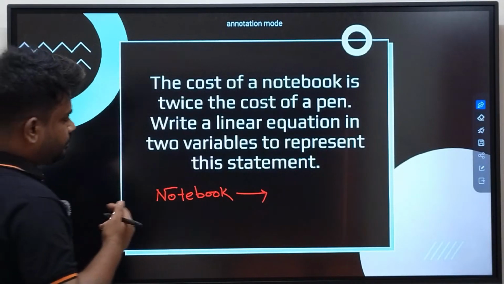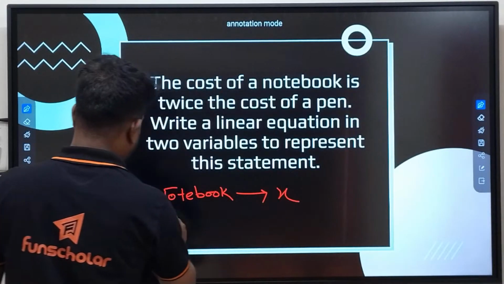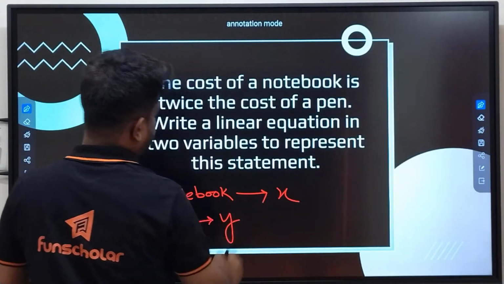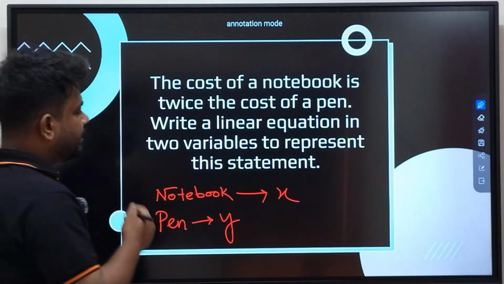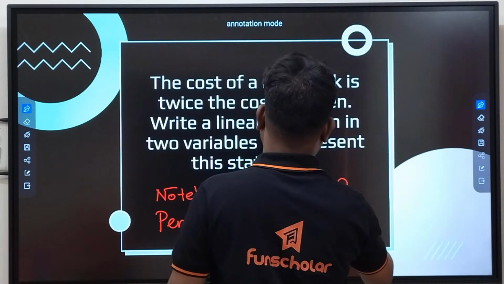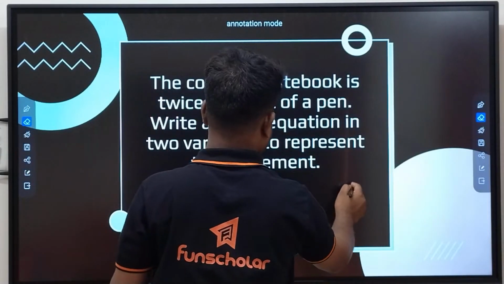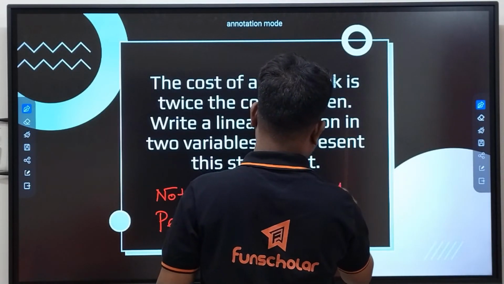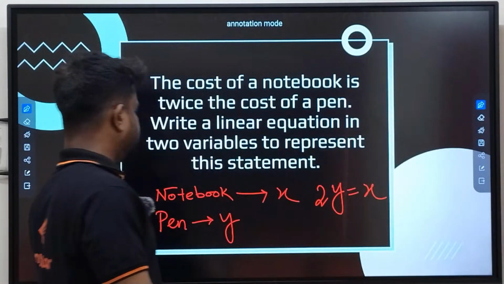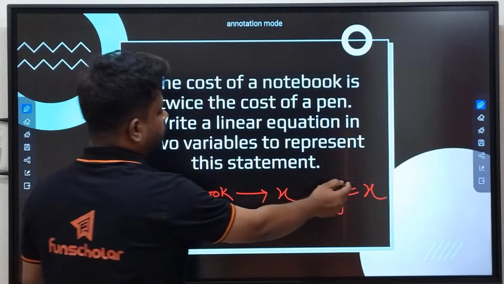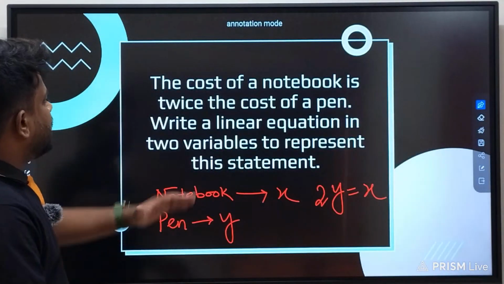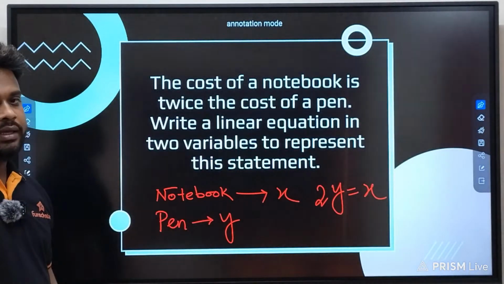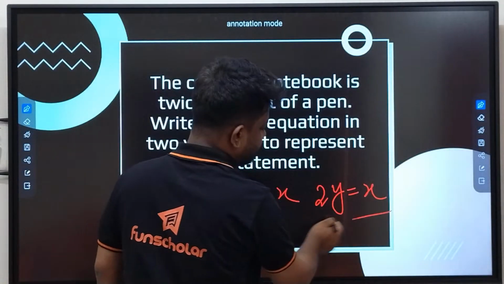If the cost of a notebook is x and the cost of a pen is y, then from this condition we can get the equation 2y = x. Because the cost of a notebook is x, which is twice as costly as a pen, and the pen's cost is y, so 2 into y will be x.